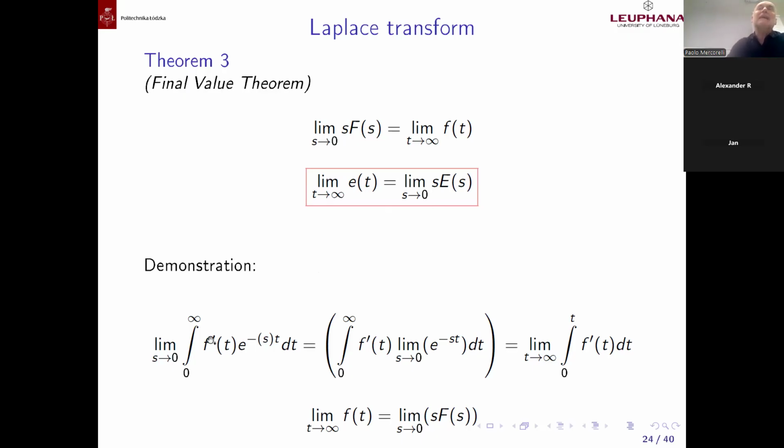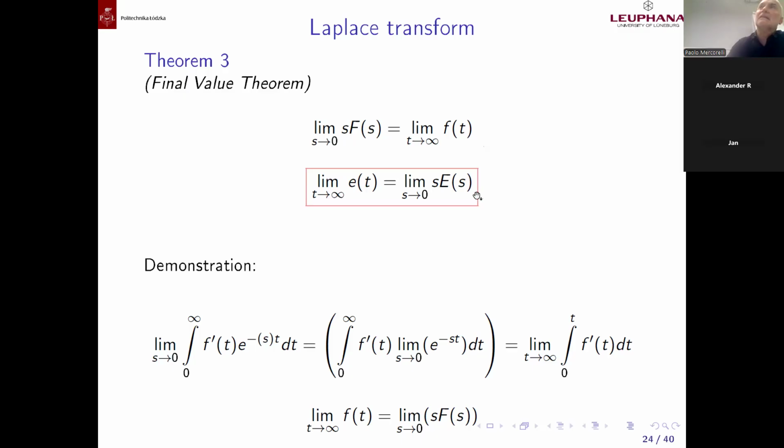Why this inspiration here? Because we can see that the formulation of the theorem recalls the derivative of f. Do you remember? The Laplace of the derivative of f is s multiplied by the Laplace of f.